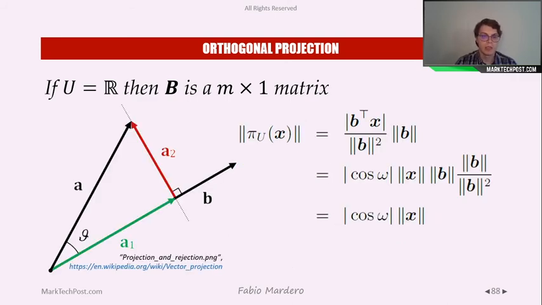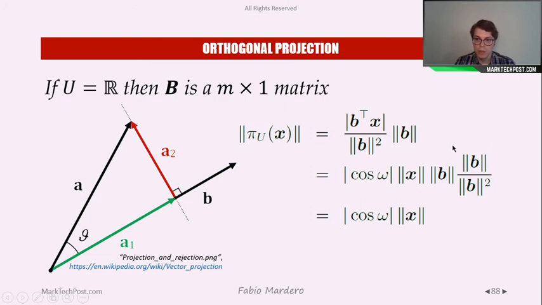Again, expressing this term, through the definition of cosine we get that the norm of the projected vector is equal to the absolute value of the cosine of the angle between b and x times the length of x times the length of b, and this term.